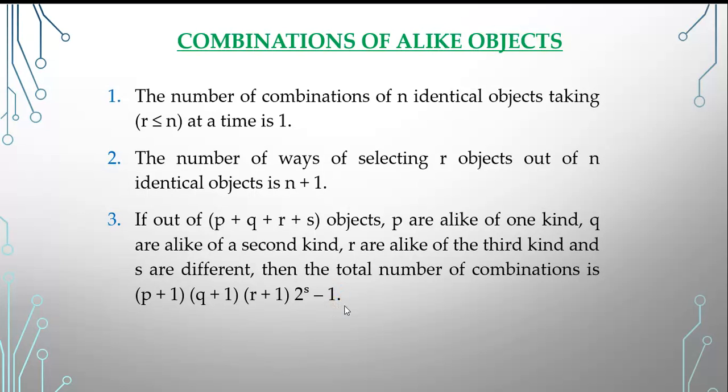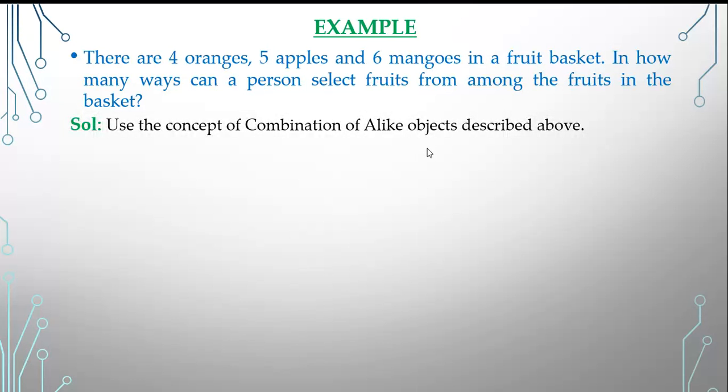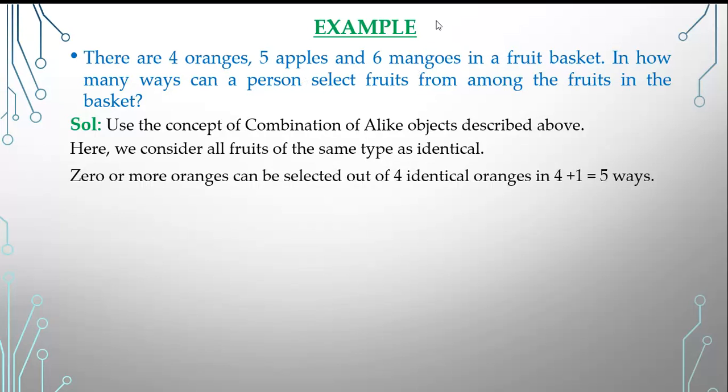For clarity we take an example. There are 4 oranges, 5 apples and 6 mangoes in a fruit basket. In how many ways can a person select fruits from the basket? We use the alike objects formula because the oranges are identical, the apples are identical, and the mangoes are identical.